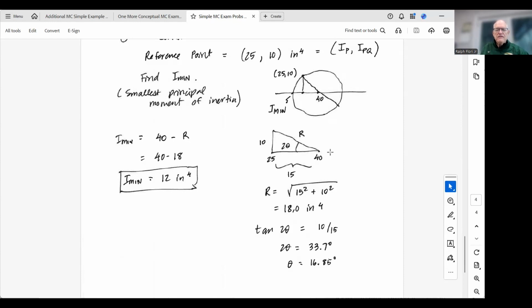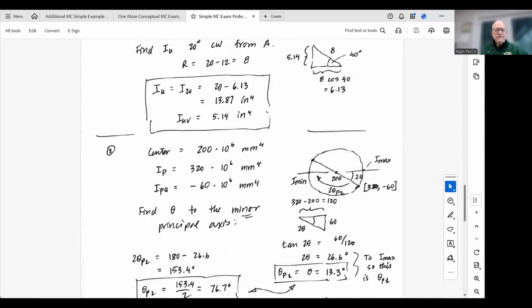That gives us an angle from this PQ coordinate system to I min. And since we know the radius now, our I min is 40, which is the center, minus 18, which is 22. The I max would be 40 plus 18, which would be 58. And then you can find anything else of interest.